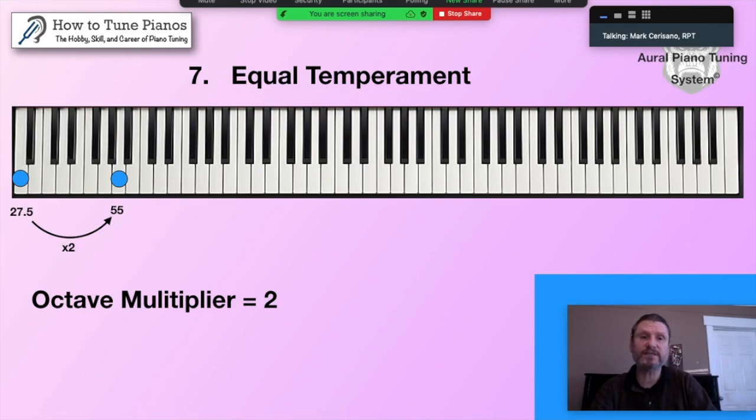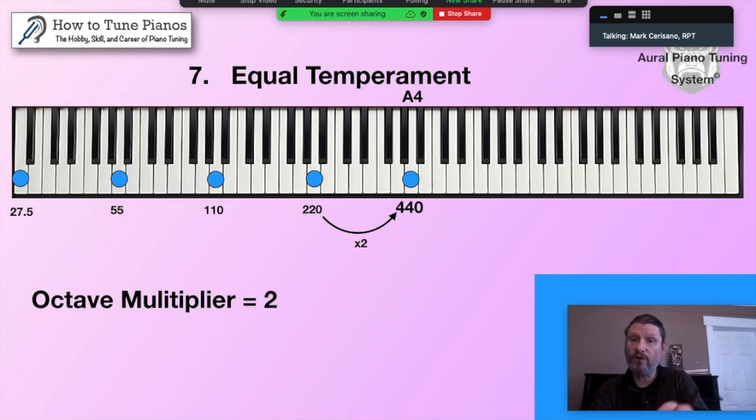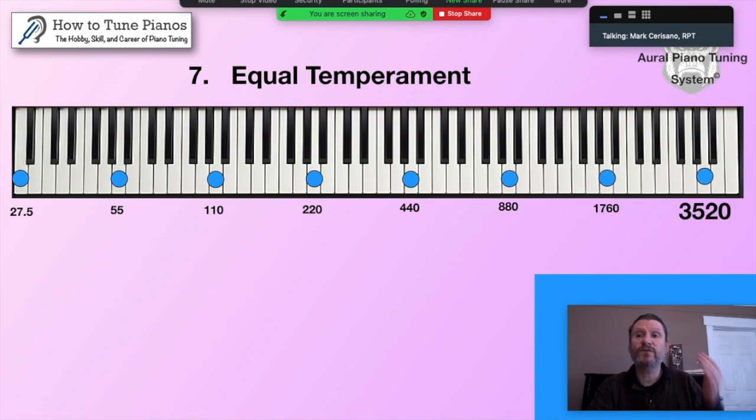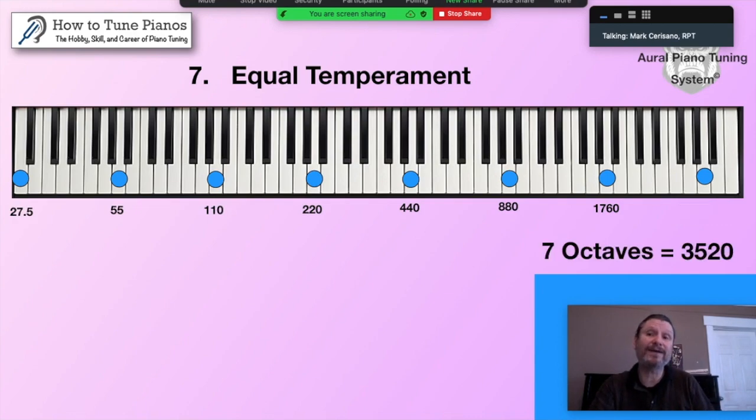So in this case, 27.5 multiplied by 2 is 55. Keep going, multiplied by 2, and then we get here at A4, which is 440 hertz. That's the standard pitch of all instruments. Keep going, we get to the top A, which is 3,520 hertz. We got there by producing 7 octaves, okay?